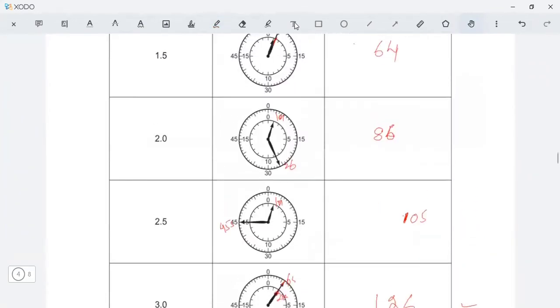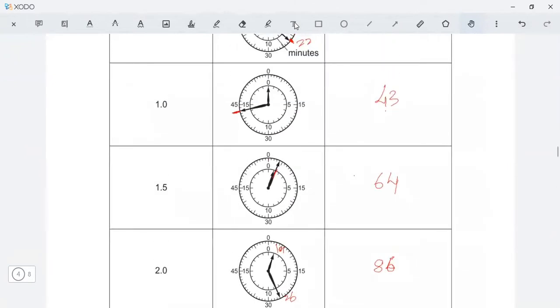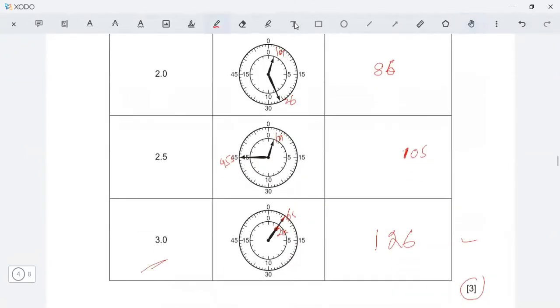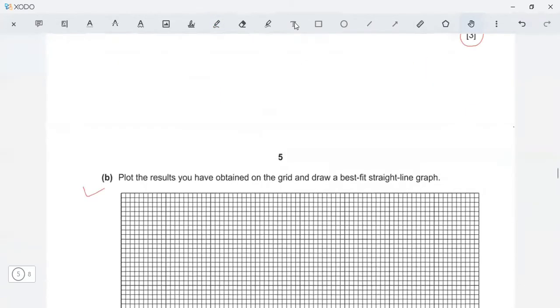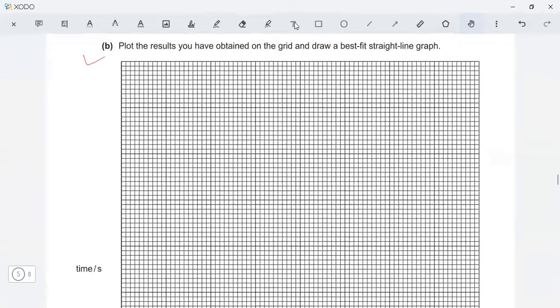And the total volume of sodium thiosulfate is about 3.0 centimeter cube, right? So this graph should be drawn as per this: the volume of sodium thiosulfate used, and of course the time taken for the blue color to appear.